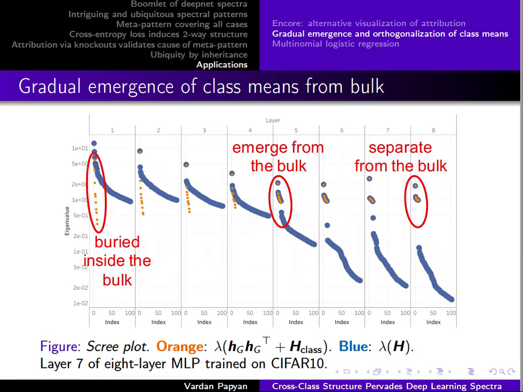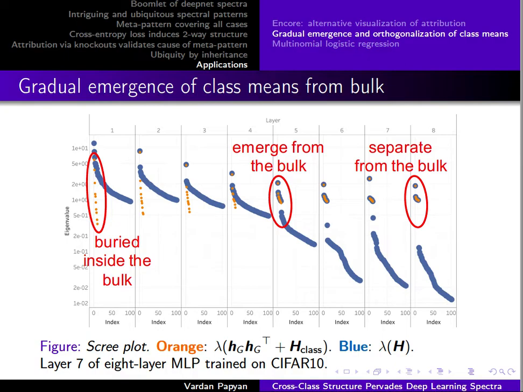What does this mean? It means that essentially the norm of the class means is too small for them to emerge from the bulk. At a certain point, you can see how these class means emerge from the bulk. They're strong enough to create outliers. And eventually, they separate from the bulk to the point where there's a very large gap.